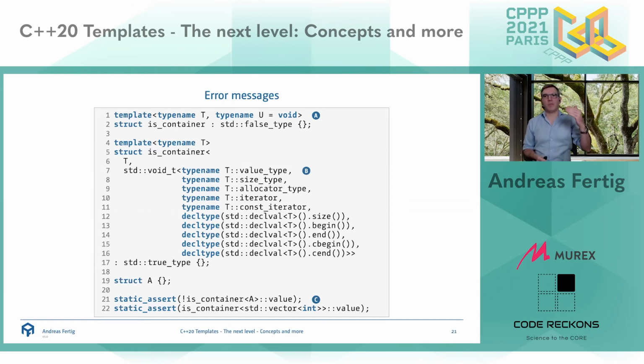But here in line number 5 and 2, I'm seeing isContainer. That's odd, right? Of course, then I can learn that line number 2 is the primary template, and line number 5 is a specialization. Yes, I can learn that. It's not nice, but I can do that.